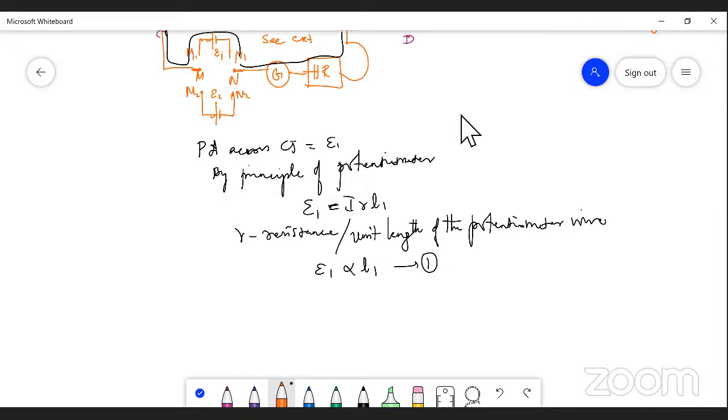Fine. Now the cell of EMF E2 must be included in the secondary circuit. So we can connect it like this. The key is put over the terminals M2, N2, so that now the path will be completed like this. So what happens here is that the cell of EMF E2 is included in the secondary circuit. E1 is excluded.